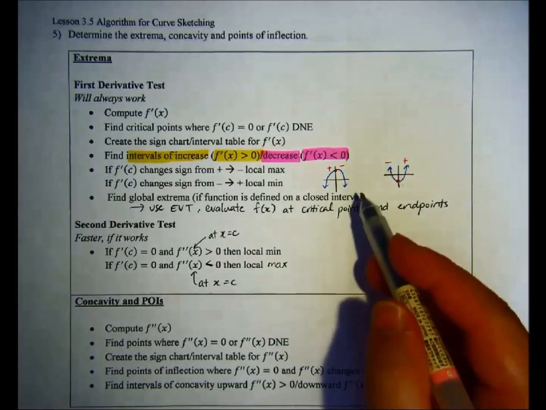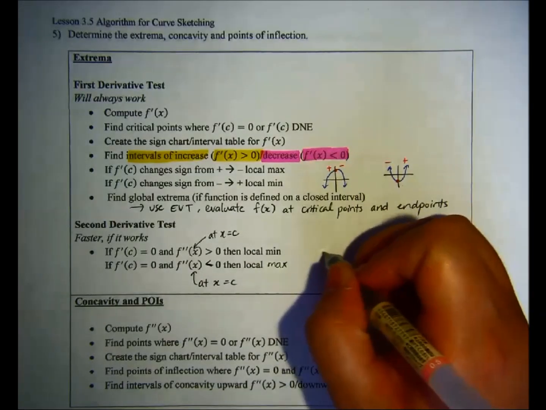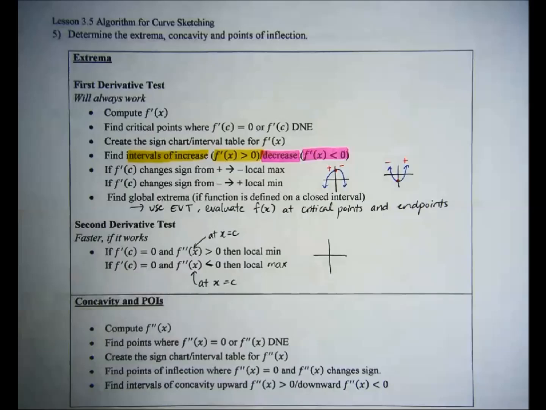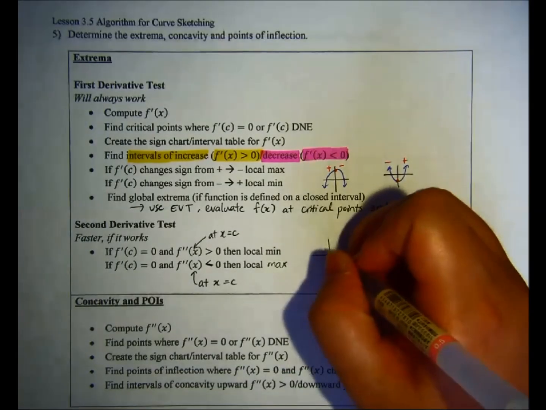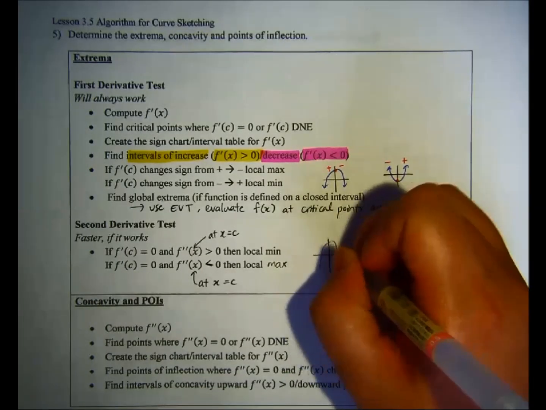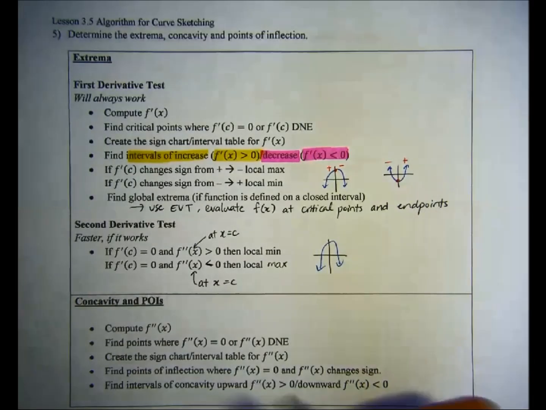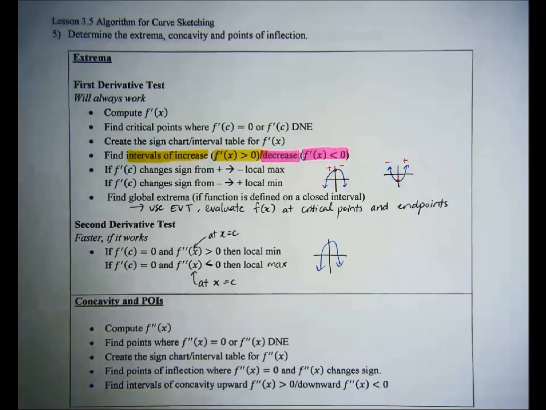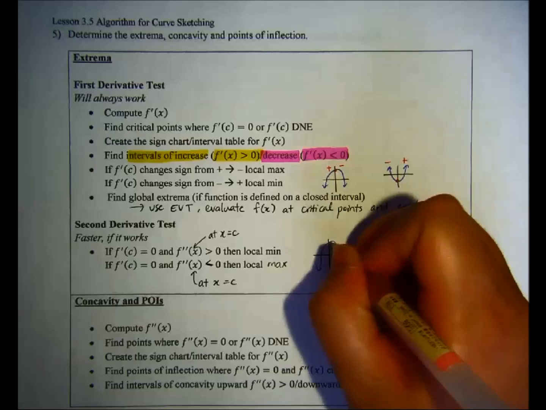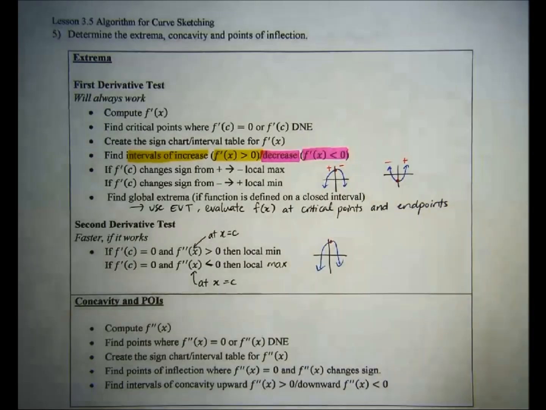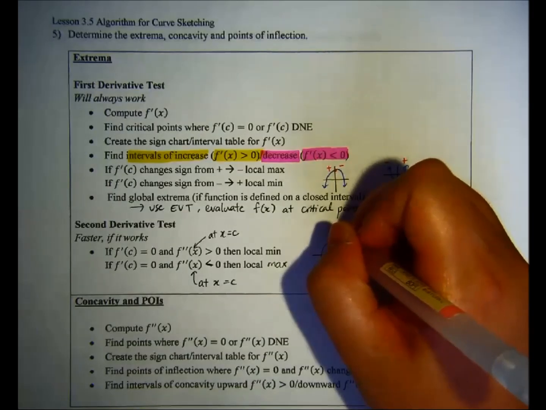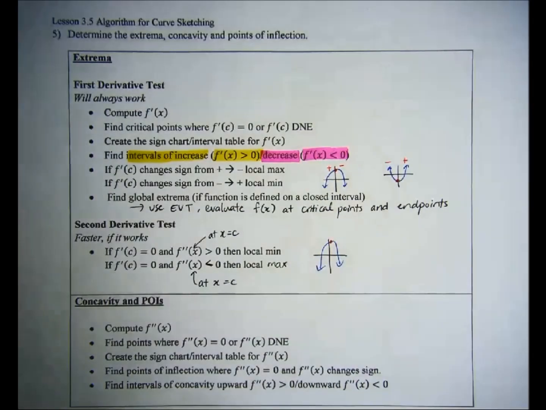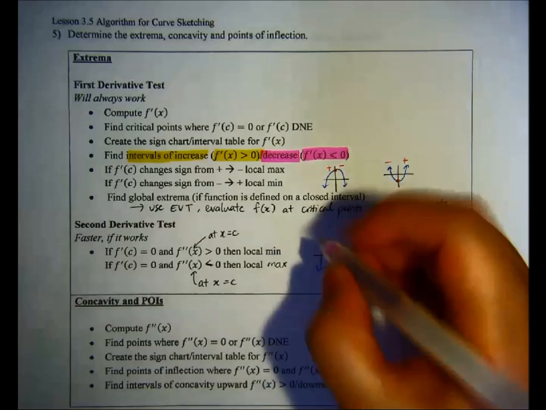So going back to these examples here, you have this function. At the point x equals c, you have a local maximum, and it's because the function is concave down, so that's why your second derivative is negative.